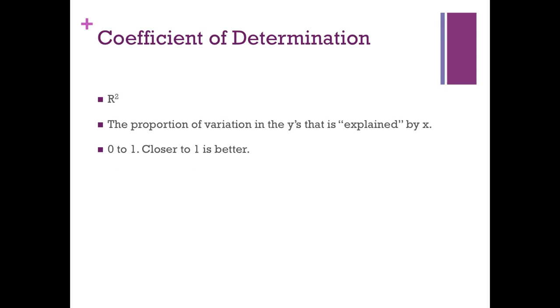The other piece that talks about the strength of the relationship is R squared. So R squared really is just that correlation coefficient squared, which will only give you a positive number.